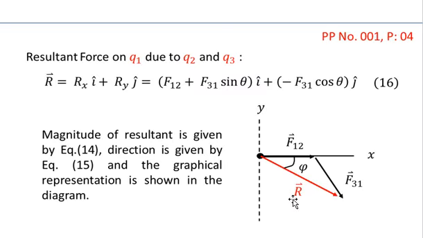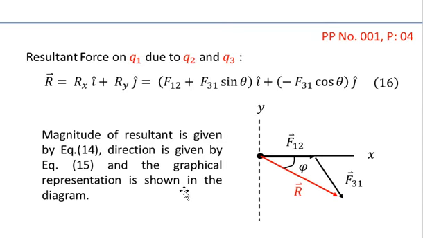So this vector capital R will make an angle phi with the x-axis, and the phi is what I have described in the previous equation. So you see that this vector R is actually given by equation number 16. The magnitude of the resultant is given by equation number 14. Direction is given by equation number 15.